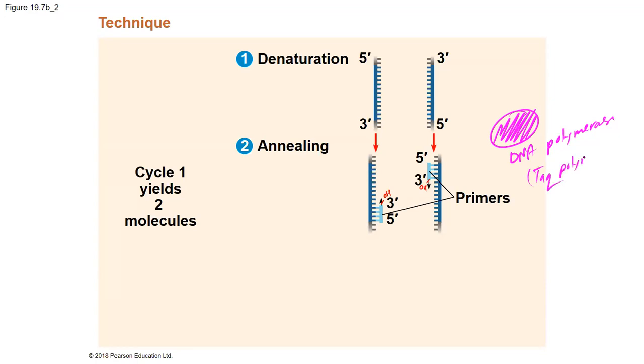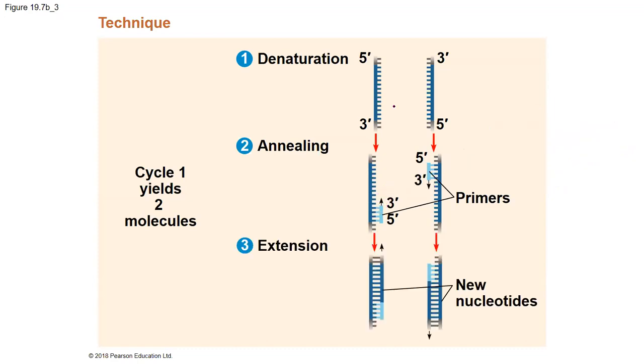This is the name of the polymerase we use. The Taq polymerase now recognizes the OH group and binds here and binds here. Okay. Next is the extension. So the polymerase starts building new strands, and now we have 2 DNA molecules at the end of cycle 1.